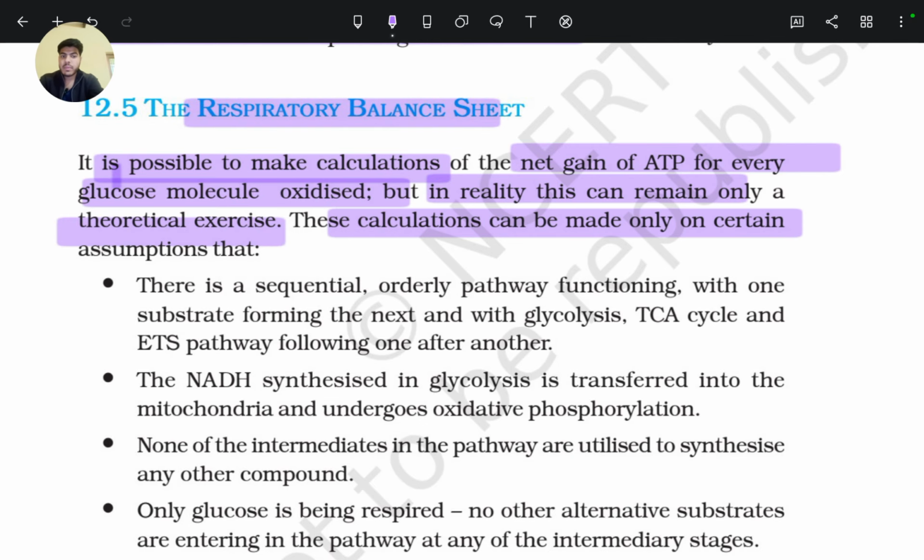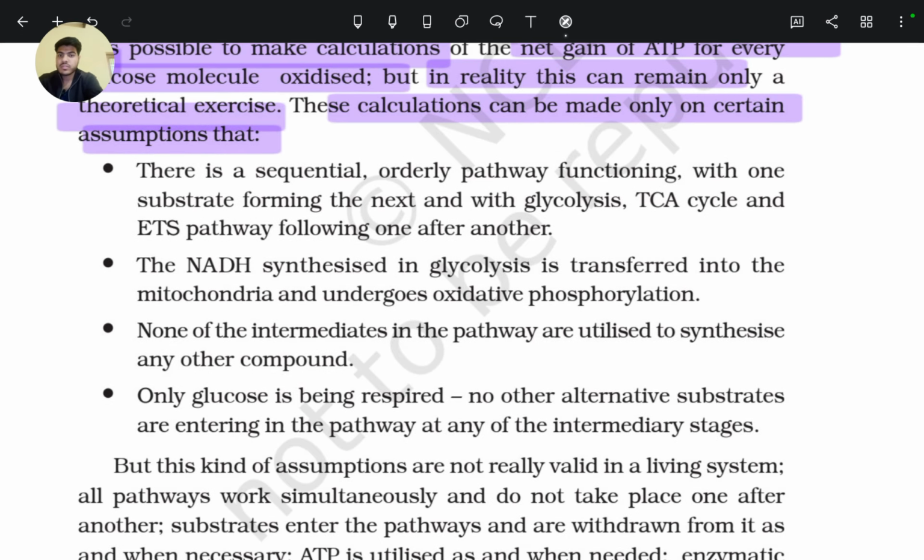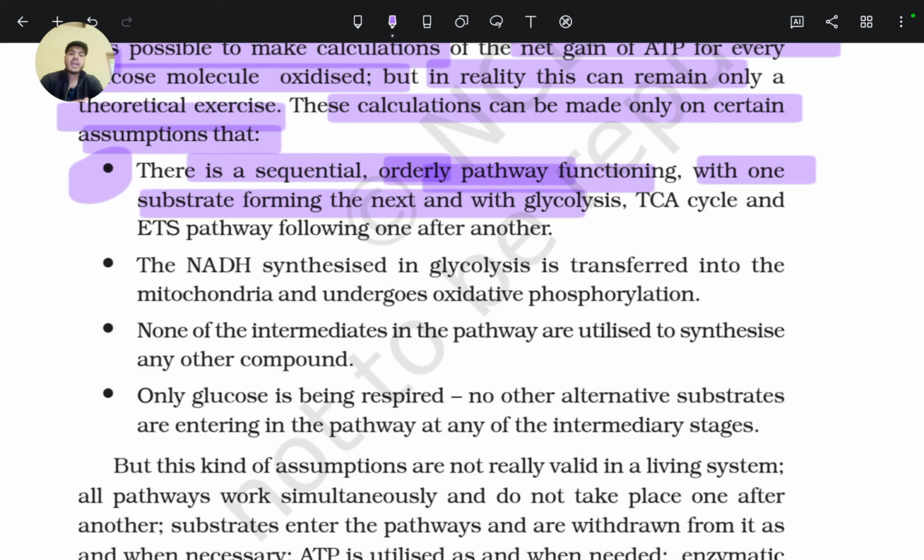These calculations can be made only on certain assumptions, and the assumptions are as follows. The first assumption is there is a sequential or orderly pathway with one substrate forming the next, with glycolysis, tricarboxylic acid cycle or Krebs cycle, and electron transport system pathway.